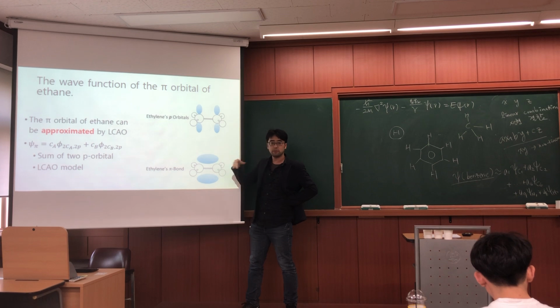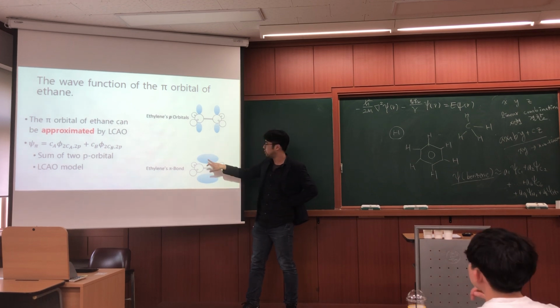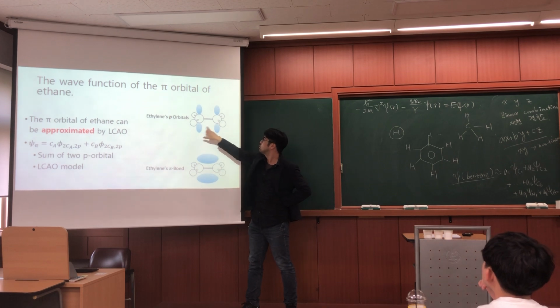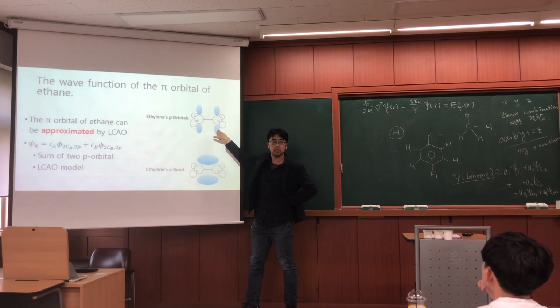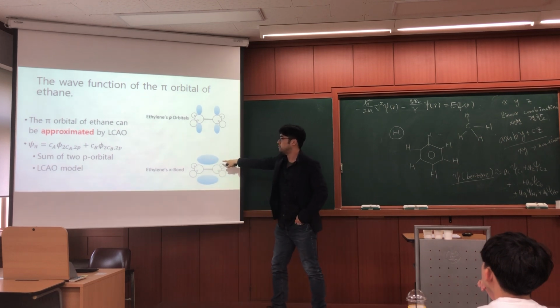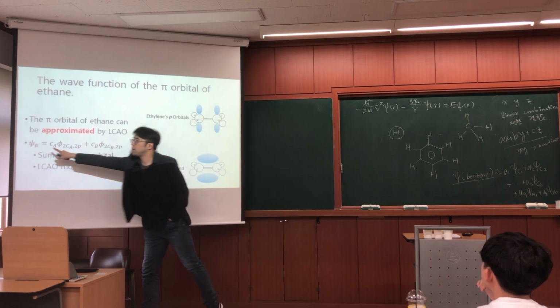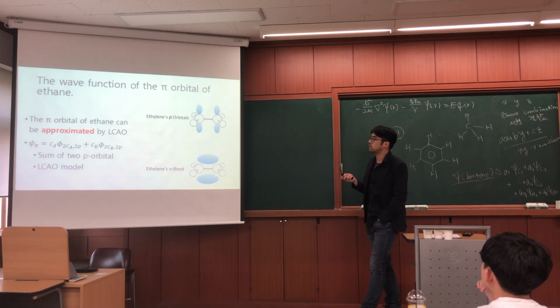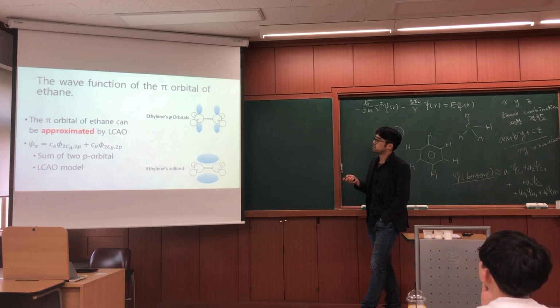Based on chemical intuition, we know that this pi bond consists of 2 p orbitals here, right? So we assume that the equation for the wave function of this pi orbital would be the sum of this p orbital and this p orbital.